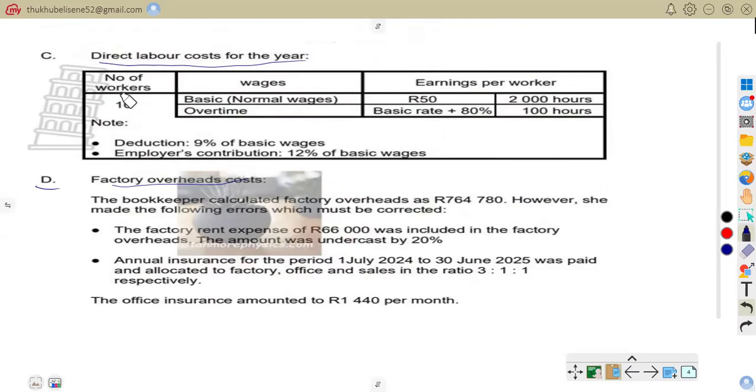On this information, we are given number of workers, wages, and earnings per worker.